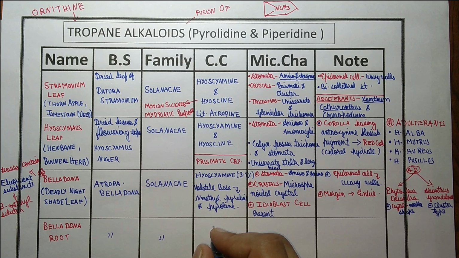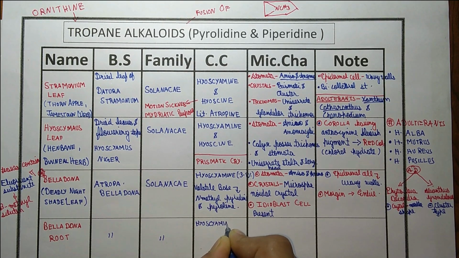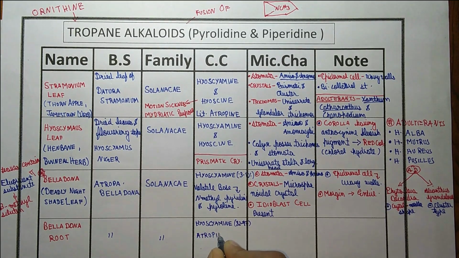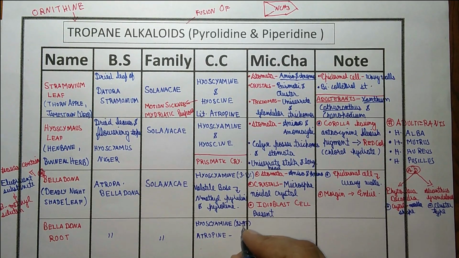Now coming to its chemical constituents: it contains hyoscyamine, the percentage is 82 to 97%, atropine 2.7 to 15%, and scopolamine 0.2 to 6%.